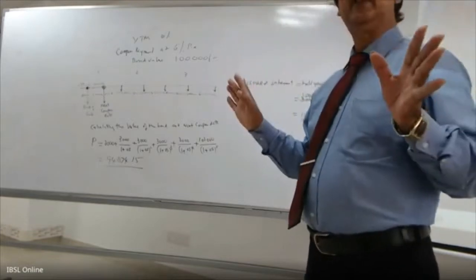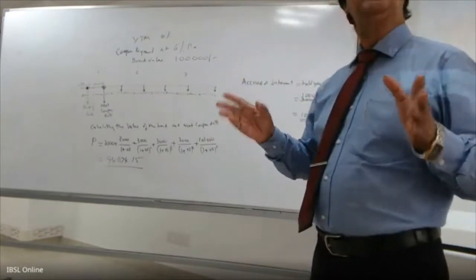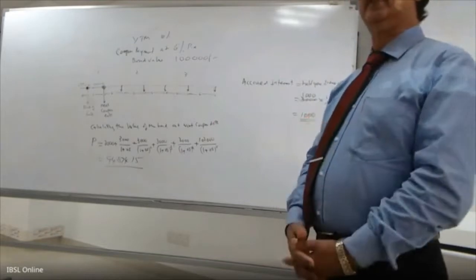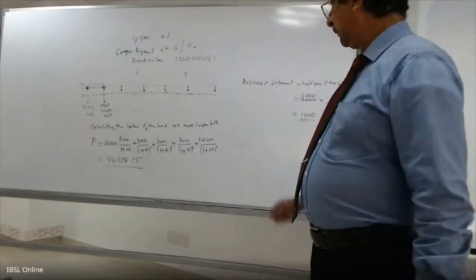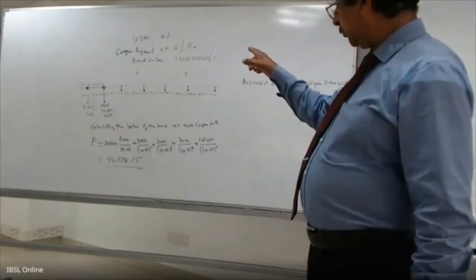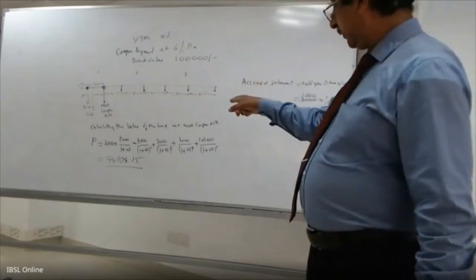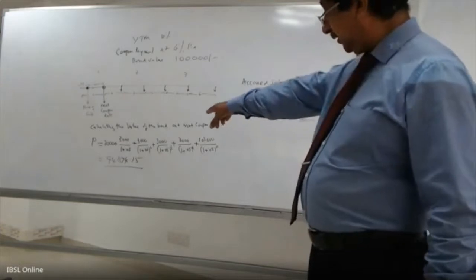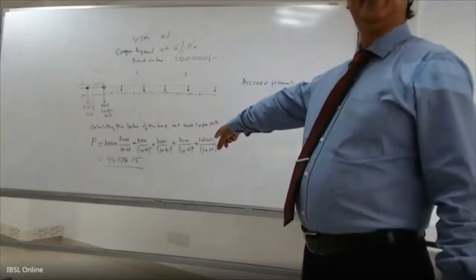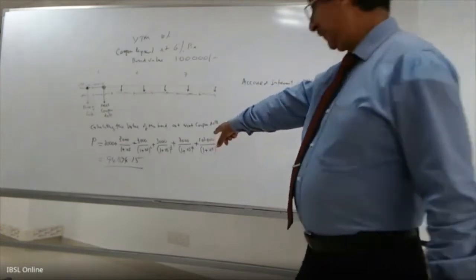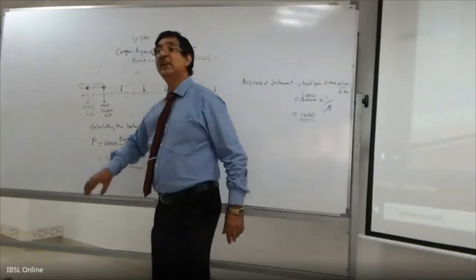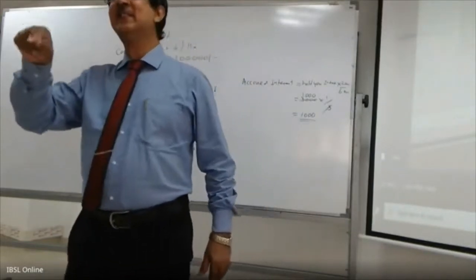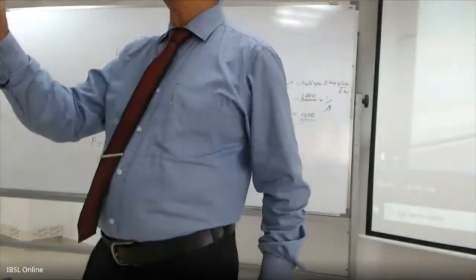For a half yearly period, it's 5%. Is that okay? Then, just tell me how we can discount. This value has to be discounted and divided by 1 plus 0.05 to the power 1.